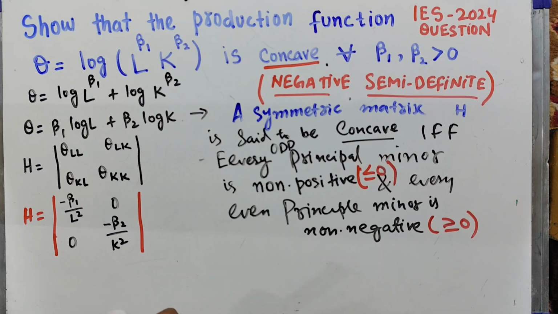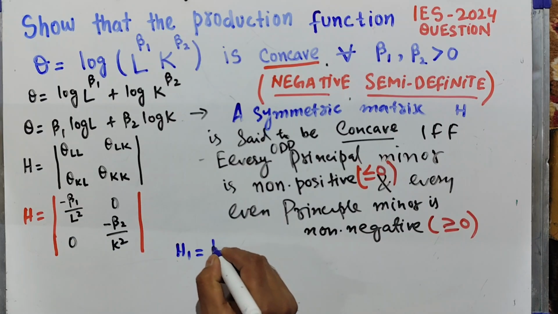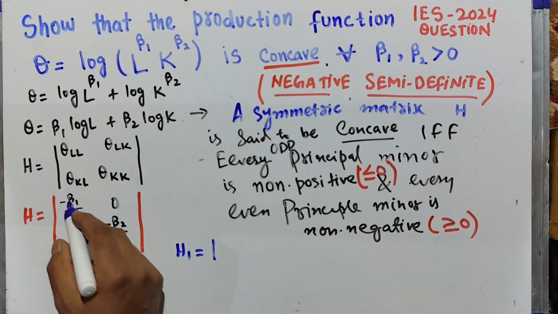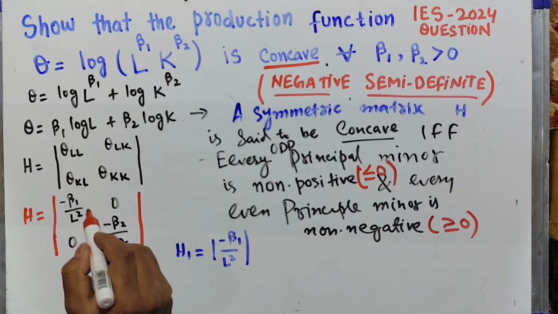So what is meant by the principal minor of the given matrix? Let me explain that in this case. H1 will be equal to the determinant of this matrix, that is minus beta 1 divided by L square. This is our H1, only this element.